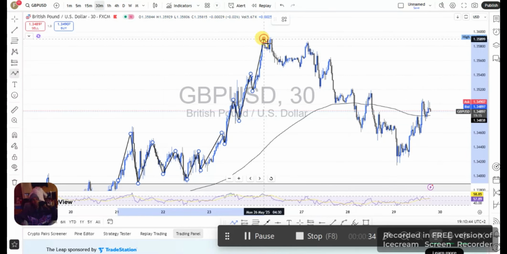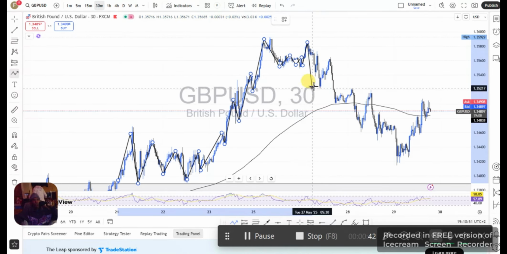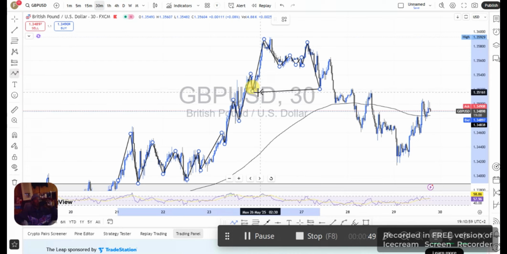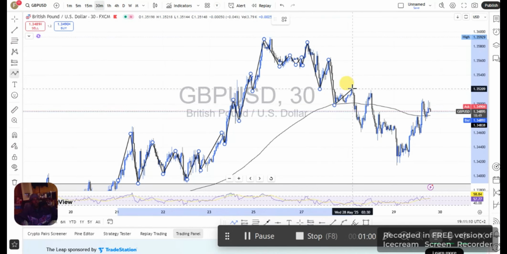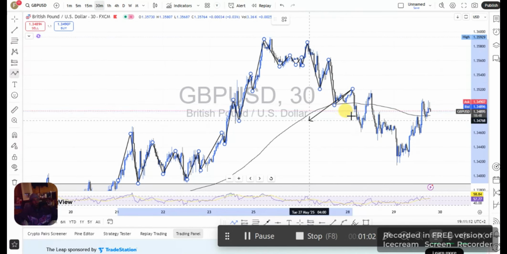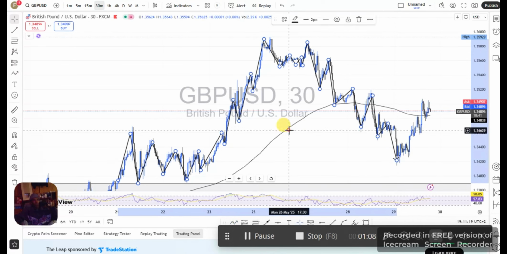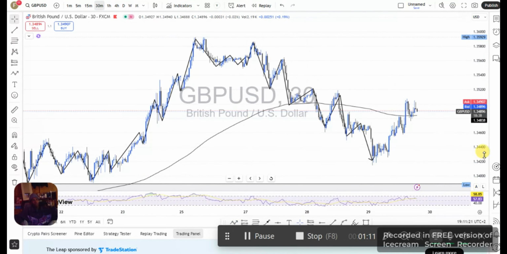After creating that, we start ranging again, and then we break structure, meaning we create a change of character, and then after that we retest an order block, and then we start creating lower lows and lower highs, something like that.